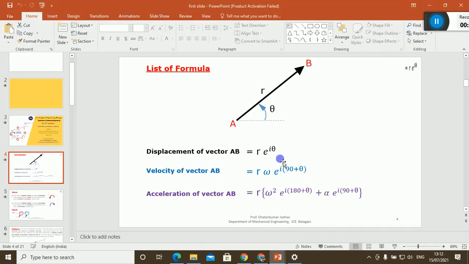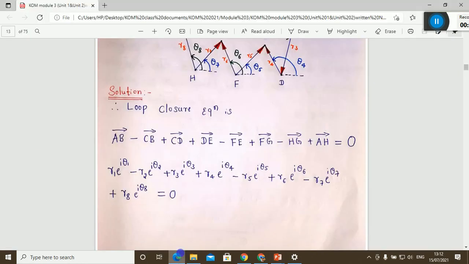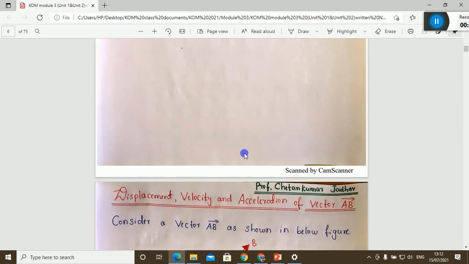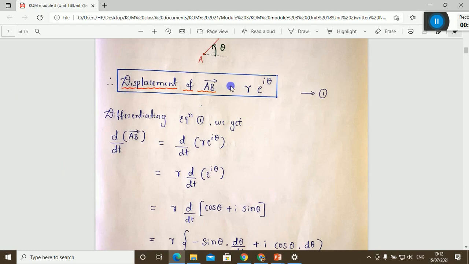As I said, when you differentiate r into e raised to i theta, you can directly write this: keep r as it is, and just write omega e raised to i (90 plus theta). I have explained the derivation here. This was the displacement r into e raised to i theta.